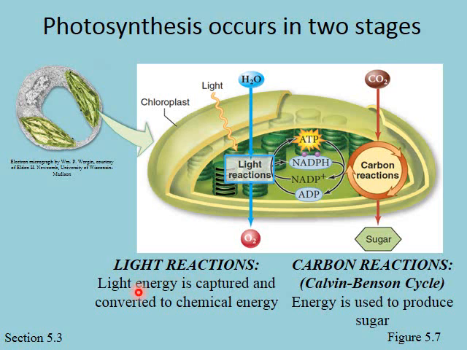So again, in the light reactions, light energy is captured and converted into chemical energy, and that chemical energy is ATP. That ATP is then used to help produce sugar. In the carbon reactions, or the Calvin-Benson cycle, the energy created over here is used to produce a sugar molecule.